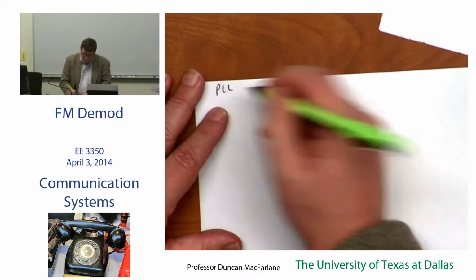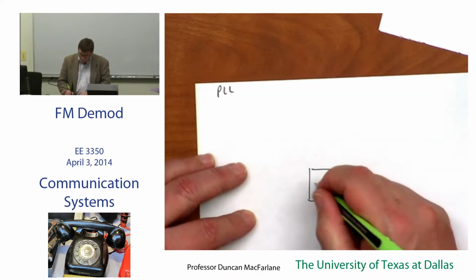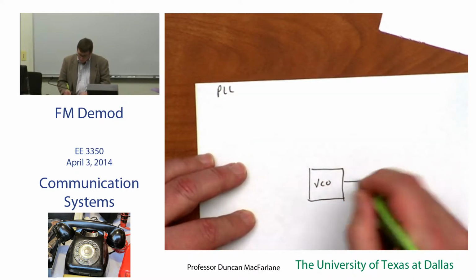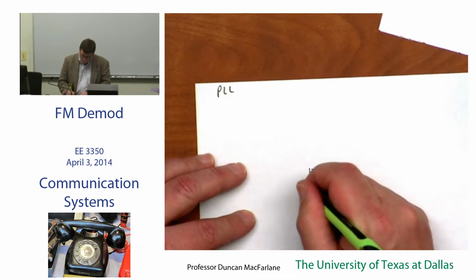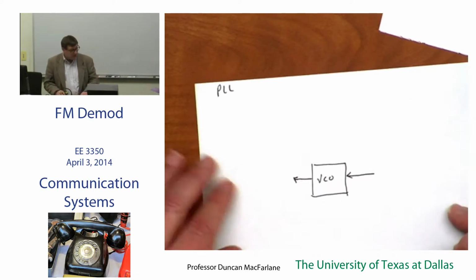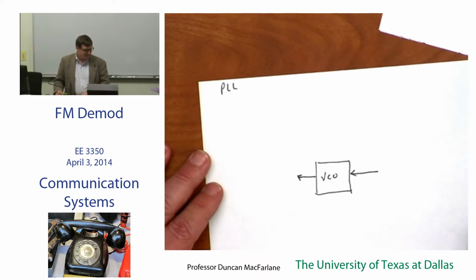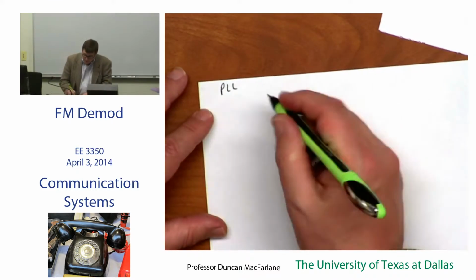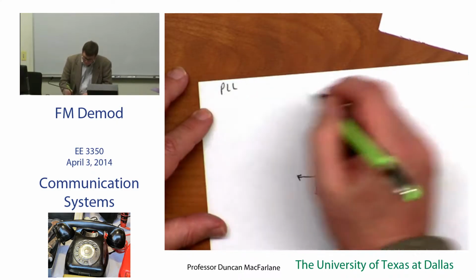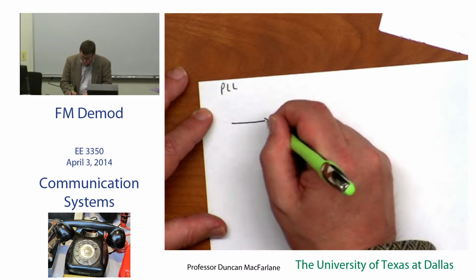So what we want to do in our phase lock loop is use this VCO, and I know I have an input and an output to this VCO, and I know I have a signal, like an FM signal, coming in to my system.